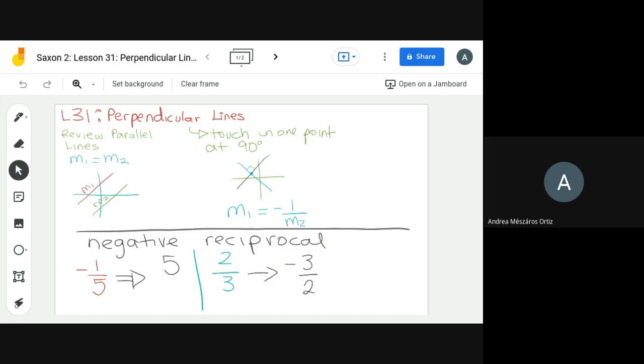Okay, so let's do an example so that you guys know how to do this exercise.